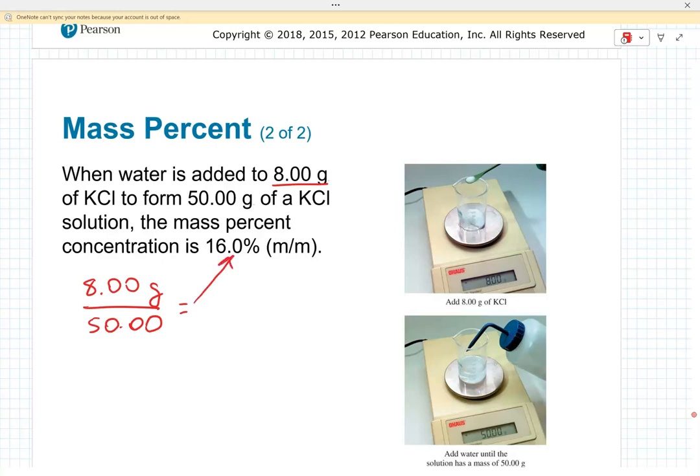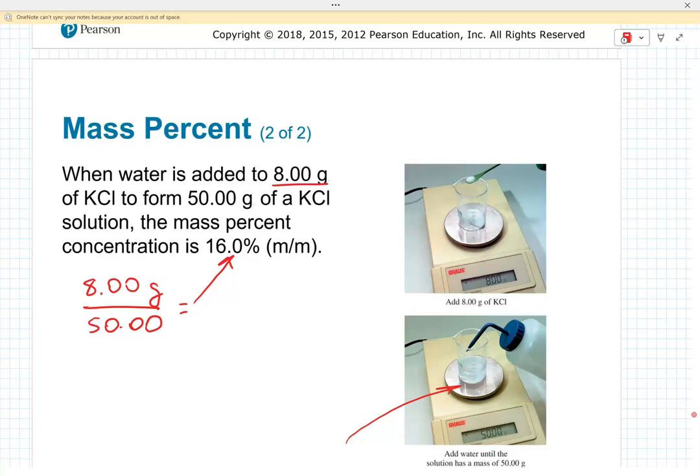Let me ask you this. Can you make this solution not how it is shown here, but by measuring 8 grams of potassium chloride, 42 grams of water, and then mixing them?